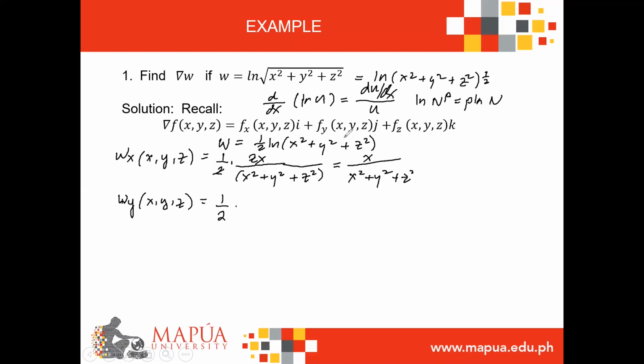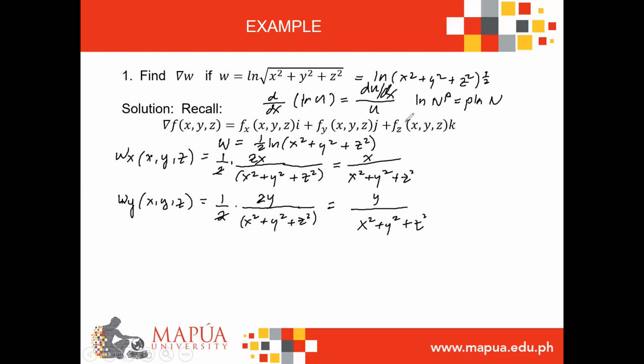Let's get first the derivative of x squared plus y squared plus z squared with respect to y. x squared and z squared will be 0 because they are both constants. So we have 2y all over u, where u is the quantity x squared plus y squared plus z squared. We can cancel 2 so that the result is y all over x squared plus y squared plus z squared.